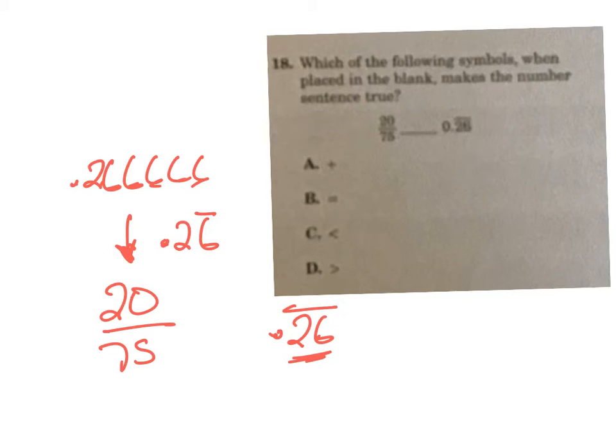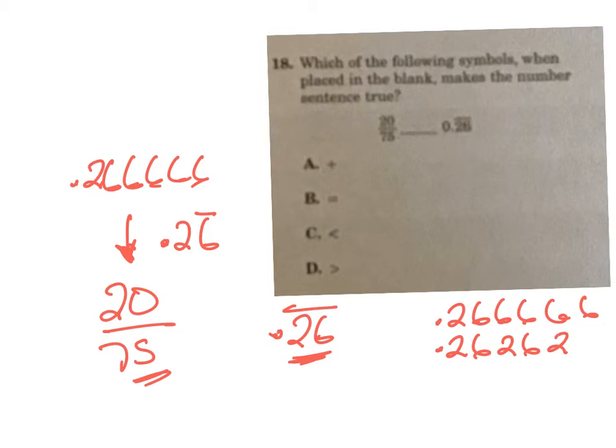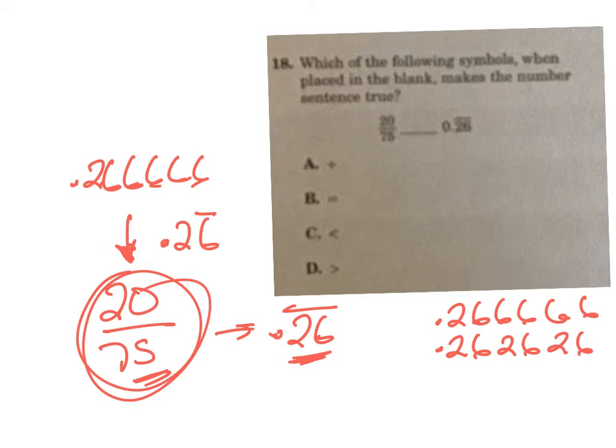Now, let's compare these. This one over here is 0.266666. And this one is 0.262626. And they go on forever, but now I'm looking to know what this is compared to this. I know these two things right here are not equal, so I'm going to get rid of the equal sign. And this is a plus symbol. That doesn't work.